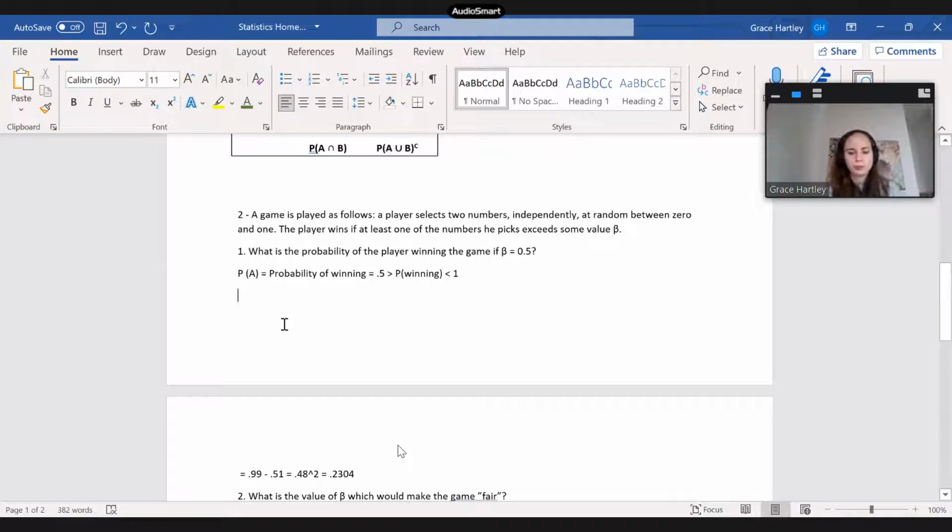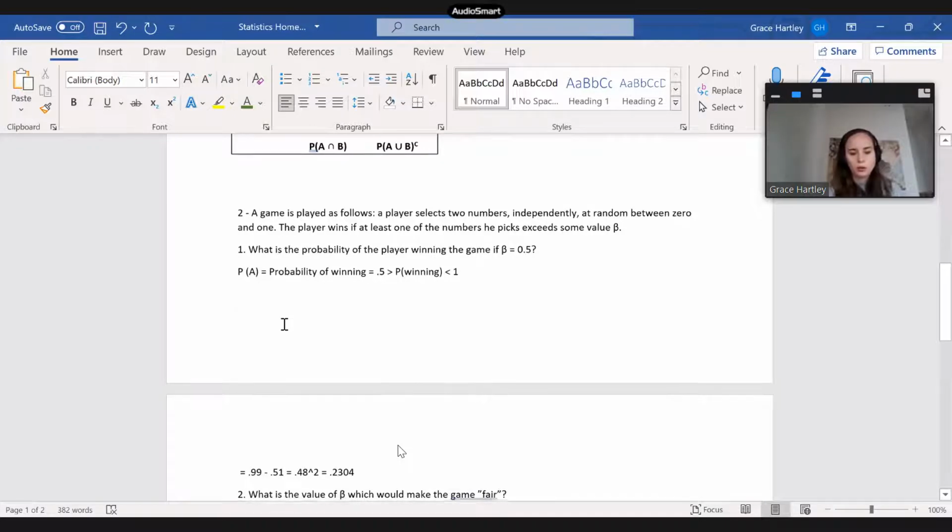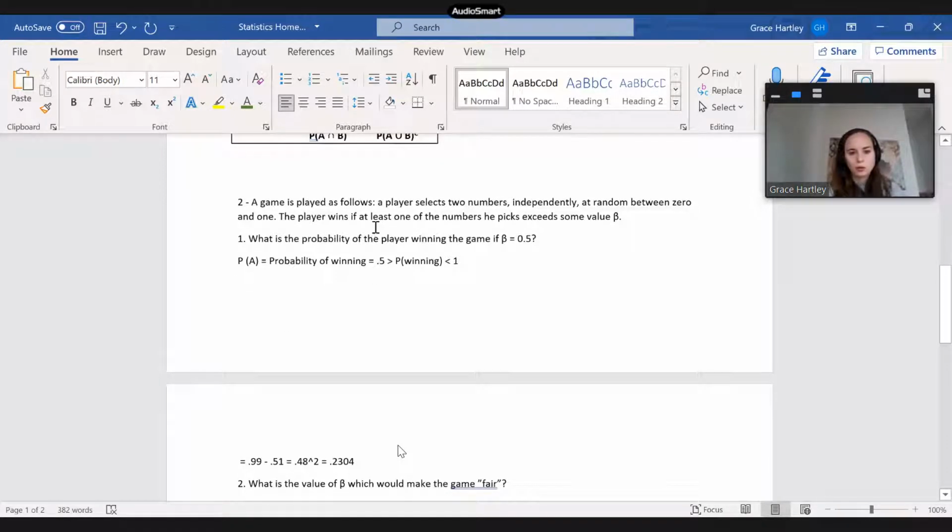First, it asks: the player wins if at least one of the numbers he picks is above some value beta. Whenever you see an "at least" question, I suggest you think about the complement, because it's very tricky.